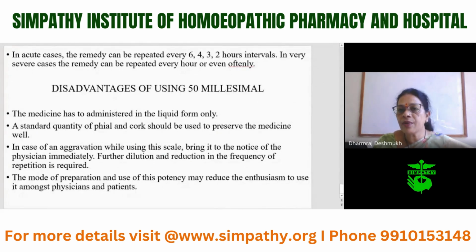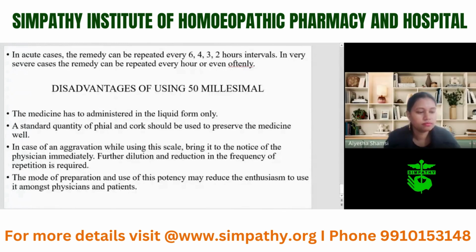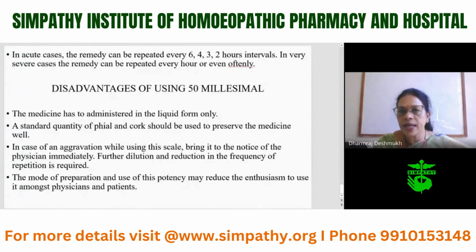But before that, when he introduced it, he first used this medicine in many people, proved it, and then he wrote all the pharmacological actions of different medicines for the 50 millisimal scale. So the exact number is not given by Hahnemann.